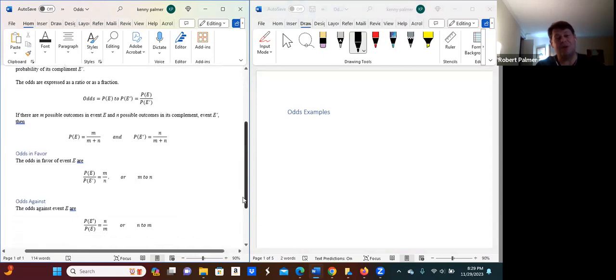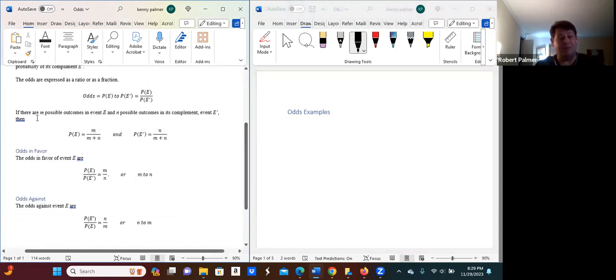Okay, so quickly, this is a good way to think about the way probabilities are stated. Say there are m possible outcomes for event E, and n possible outcomes for the complement E prime. Then remember, the probability of event E is the number of ways E can happen over the total number of outcomes, m plus n.